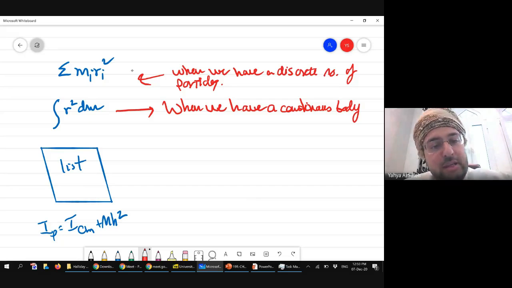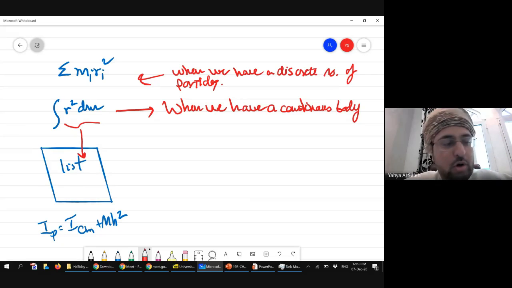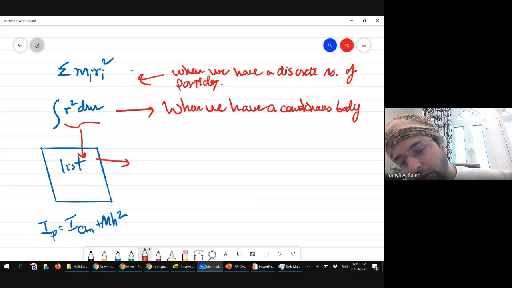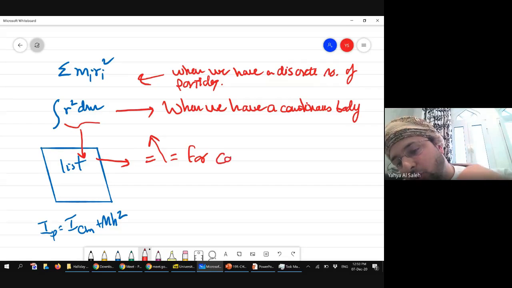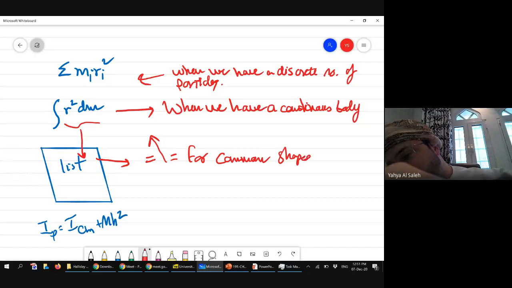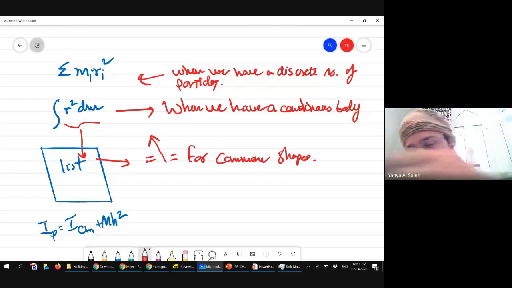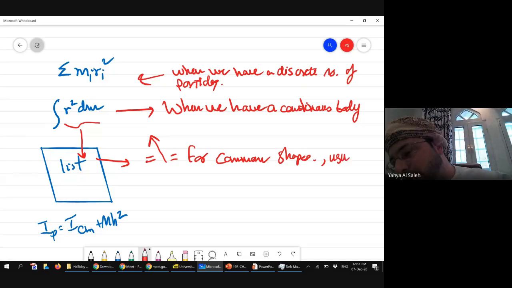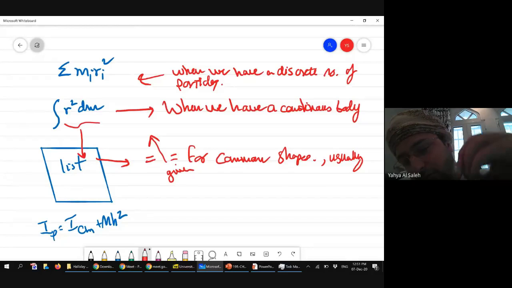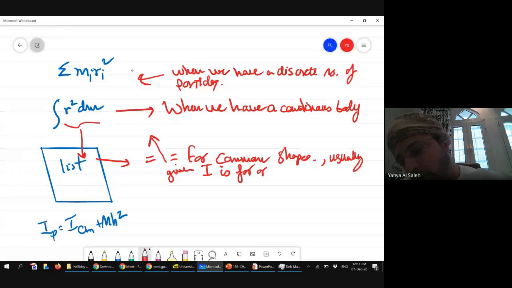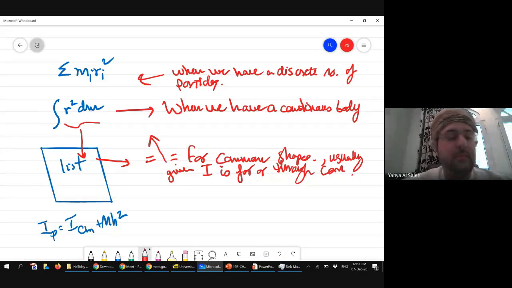People who have already used this for common objects, this is equal to this up for common shapes. Usually I is for or through the center of mass.